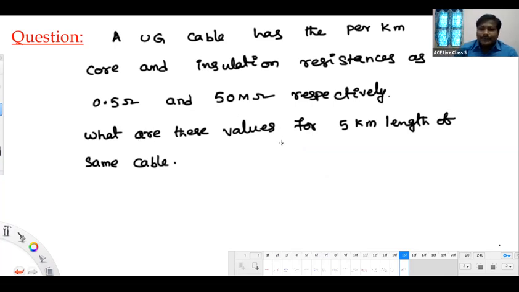What will be the core resistance and insulation resistance for 5 kilometer length of the same cable?